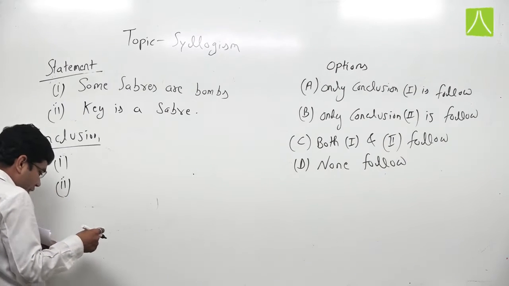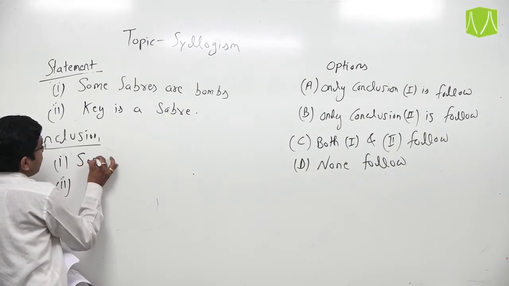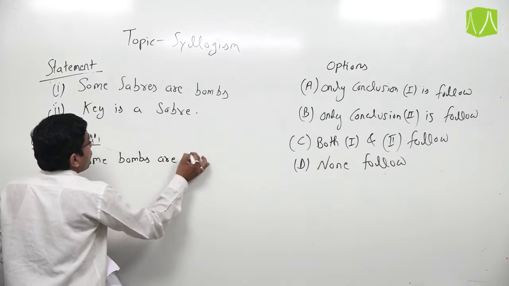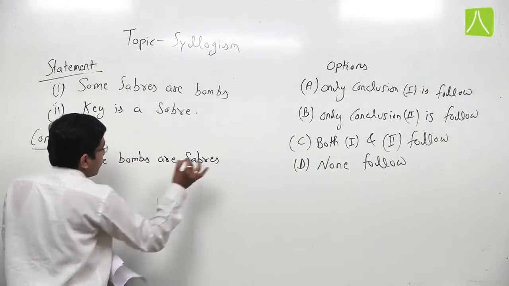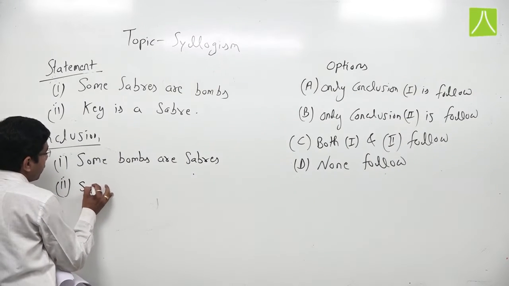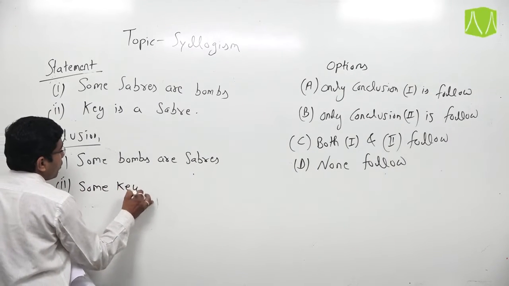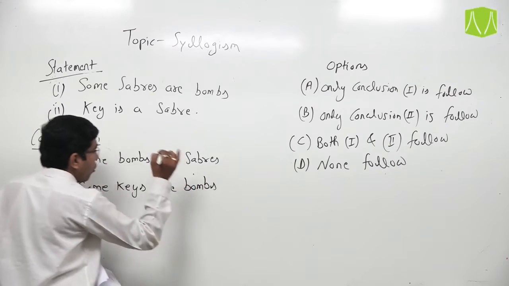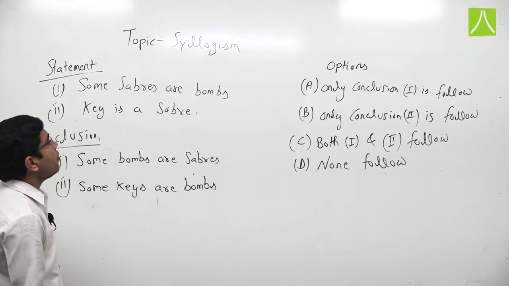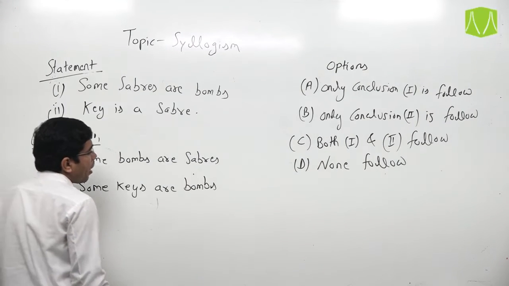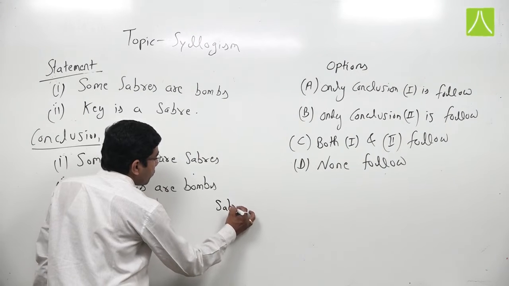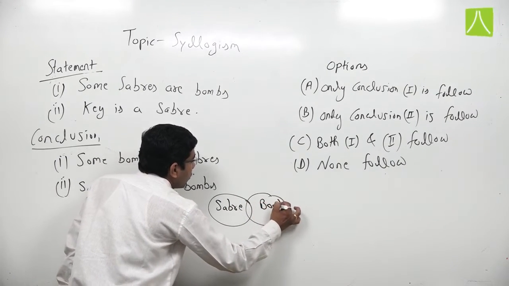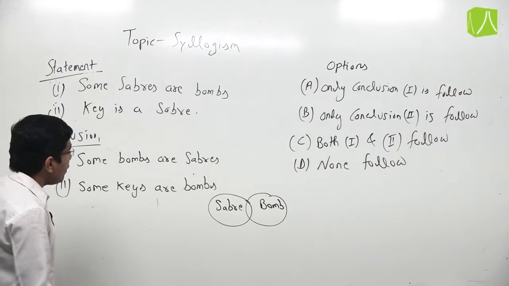Now we have to check two conclusions. First conclusion: some bombs are sabers. Second conclusion: some keys are bombs. Now first we make the basic diagram. Some sabers are bombs, and second, key is a saber.